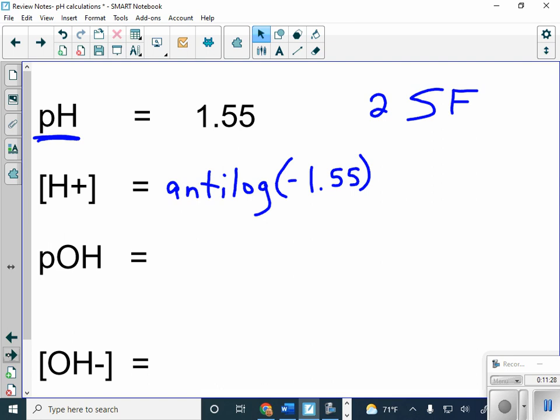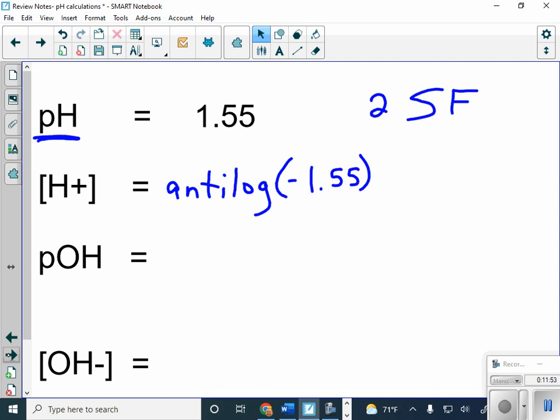Okay. Now, after you've found that log button, find the button that says 10x. On mine, it's the second function of that log button. Have you found the 10x? That 10x, ladies and gentlemen, is the antilog button.